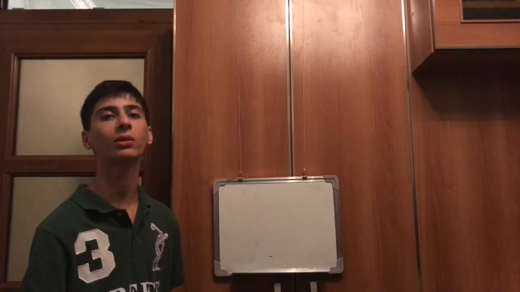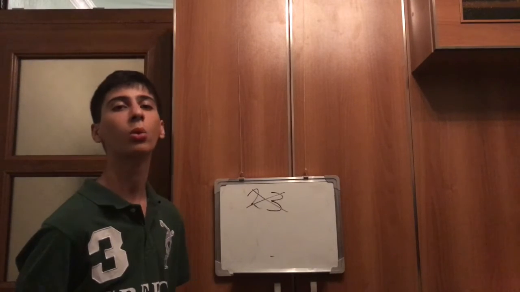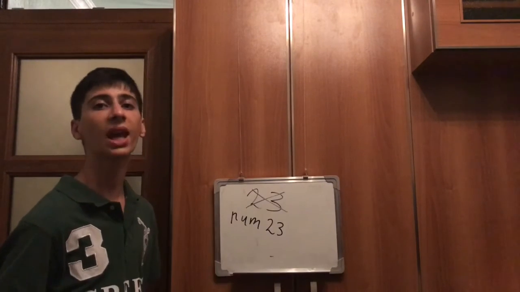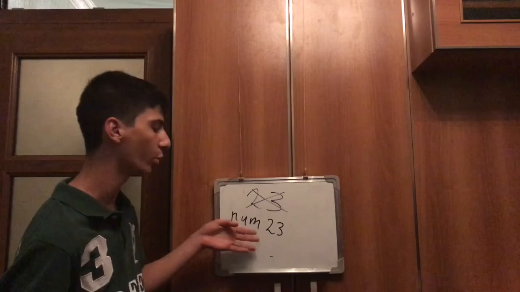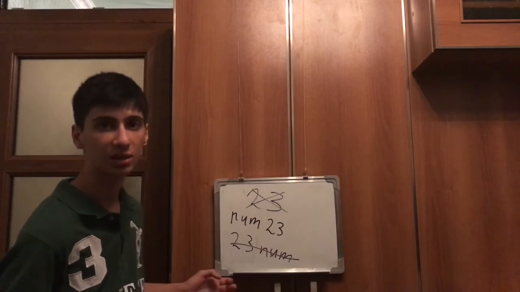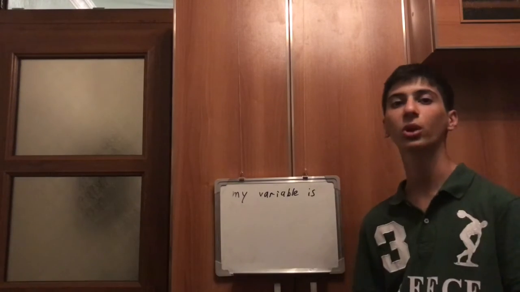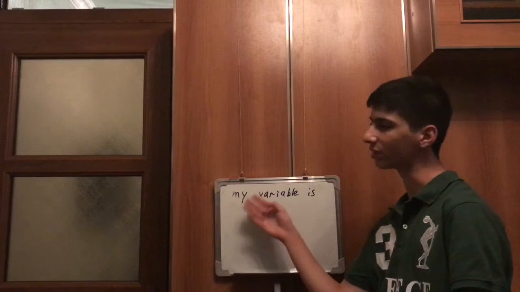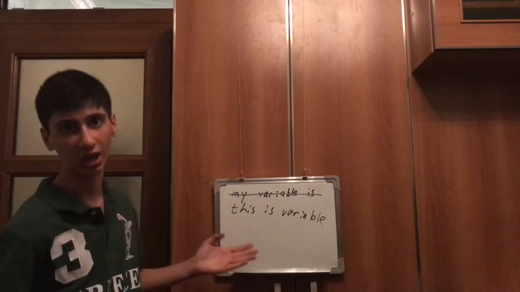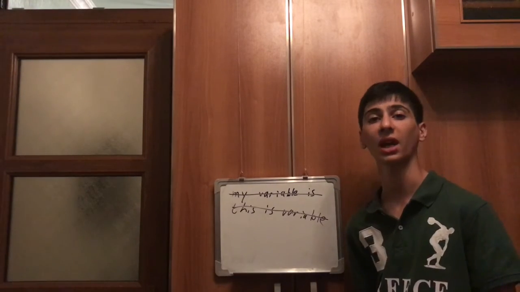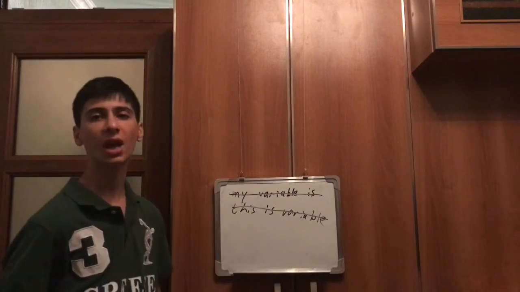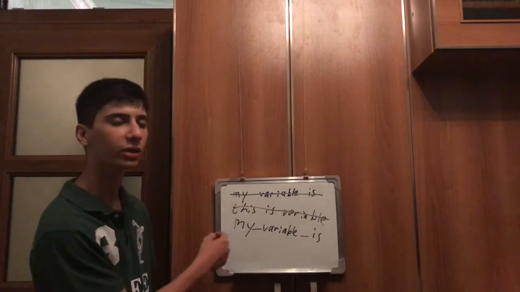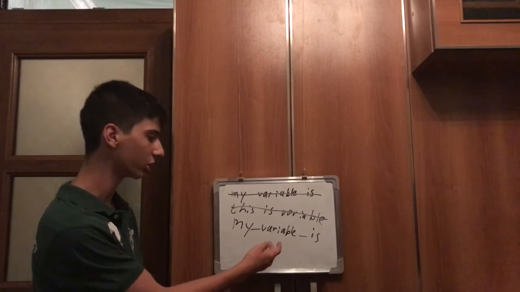But there are some names of variables that you can't write. A variable can't be a number. It can contain a number like num23, but it can't start with a number. You can't name your variable, my variable is, this is variable. The name of a variable can't contain space. Instead, you can write my underscore variable underscore is.